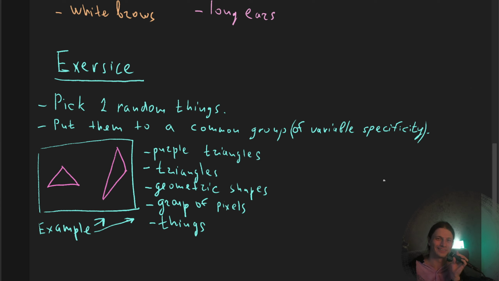I never find something I couldn't put into some group. Maybe extremely abstract, but still a group and still a common group. So try it yourself. Let me know if you can find something.